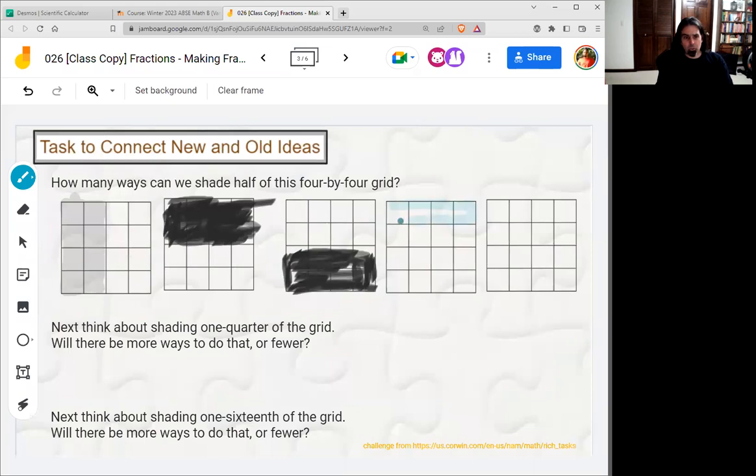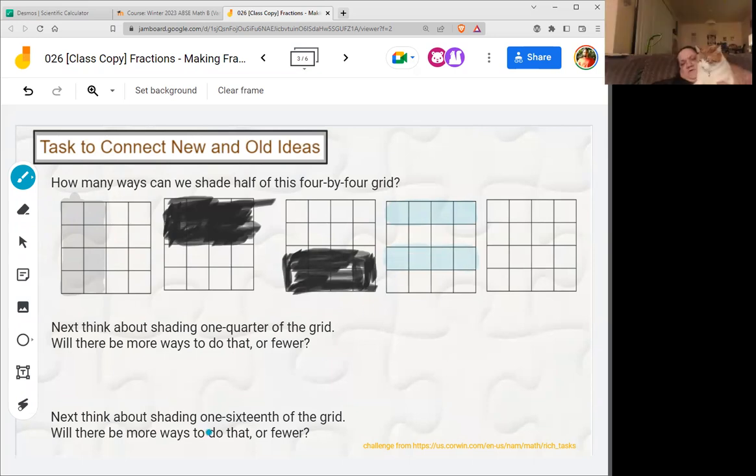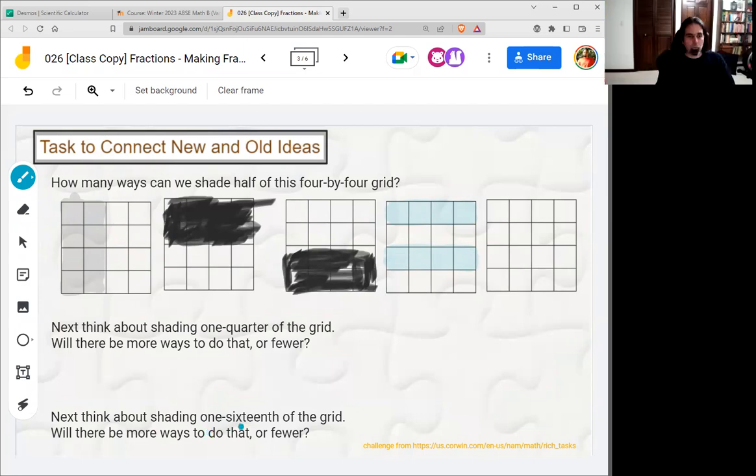I could do this row and that row, and that's also covering half of it. What about the two middle? The two middle, sure.